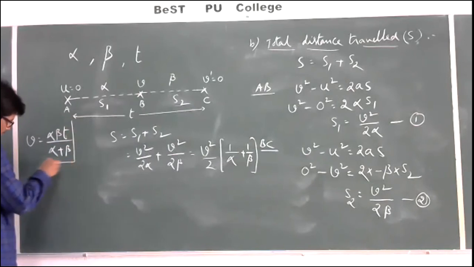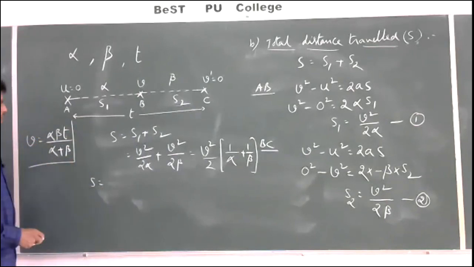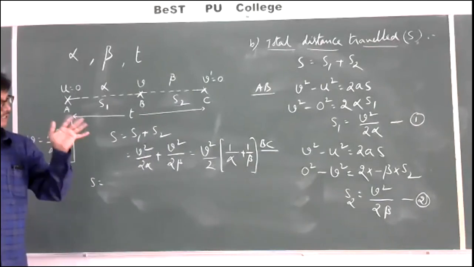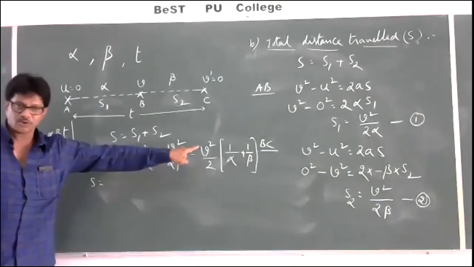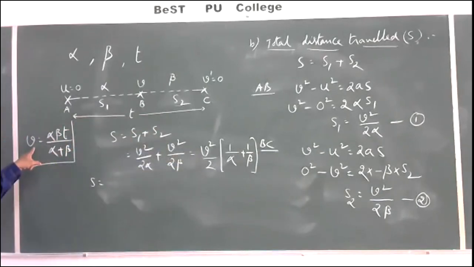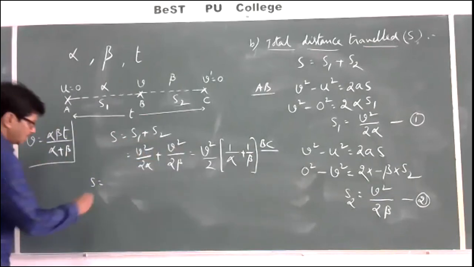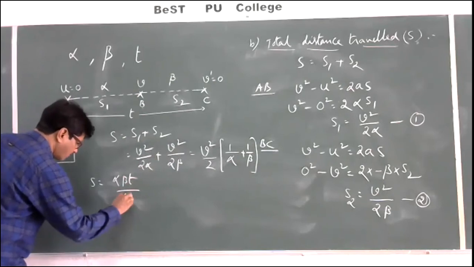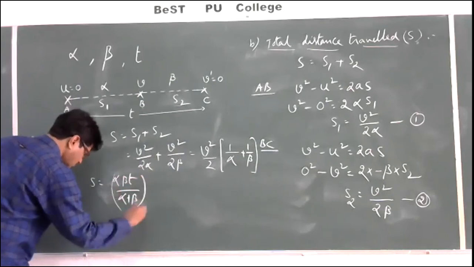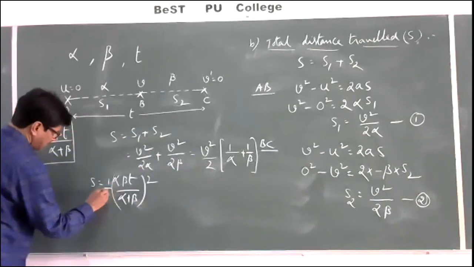Because we want the final answer in terms of alpha, beta, t, not in terms of V, we already know the formula for V. Now we substitute this value here: V is alpha beta t by alpha plus beta, whole square, divided by 2.